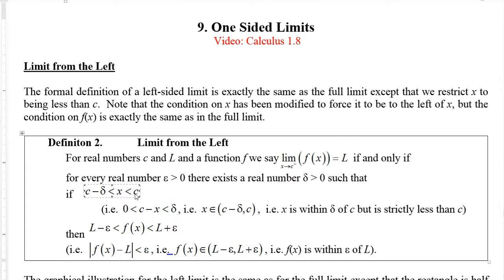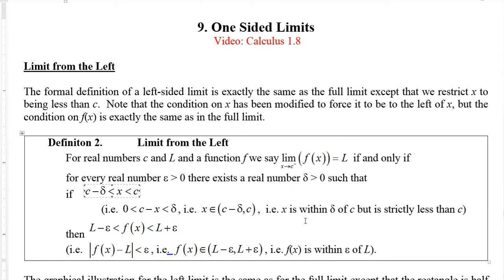And here we have it strictly on the left side of c, from c minus delta to c. Here is another way to write that, or we could write it this way.